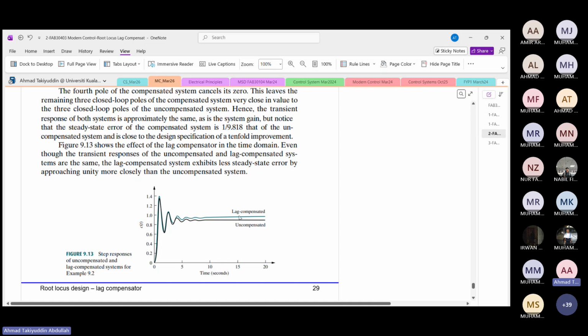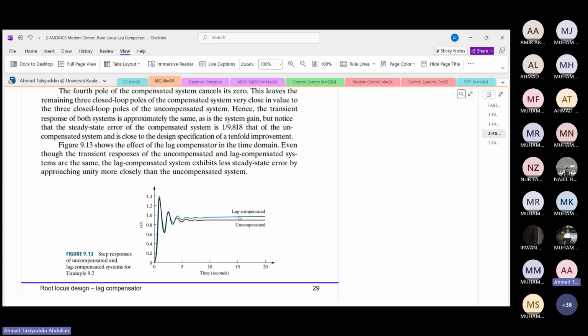The difference between your input and output becomes closer when we add in the lag compensator for the steady state part, which means we have less steady state error by adding the lag compensator. That is why we want the lag compensator. The lag compensator is the one we use for the improvement of the steady state. Right, guys?